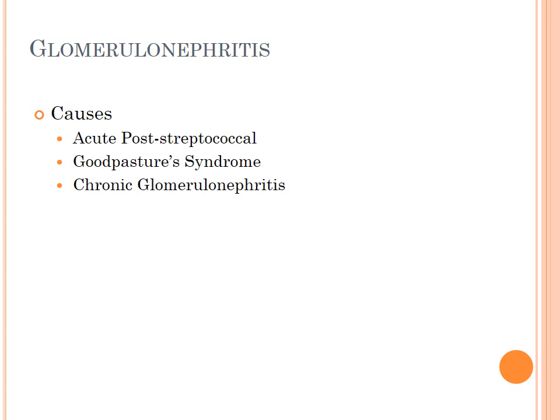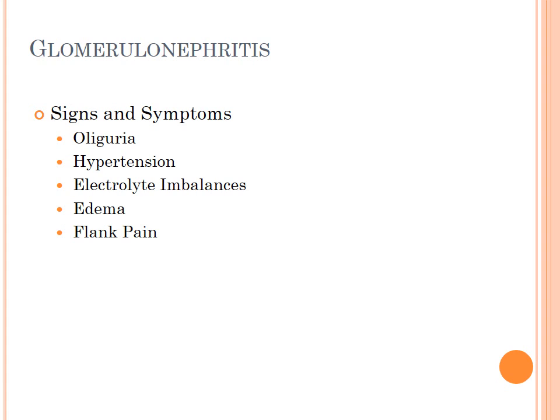So symptoms include oliguria, or decreased urine formation, hypertension, electrolyte imbalances, edema, and flank pain. Periorbital edema would be what's seen first, so edema found around the eye, as well as ascites in the abdomen, pleural effusion in the lungs, and edema in the extremities.